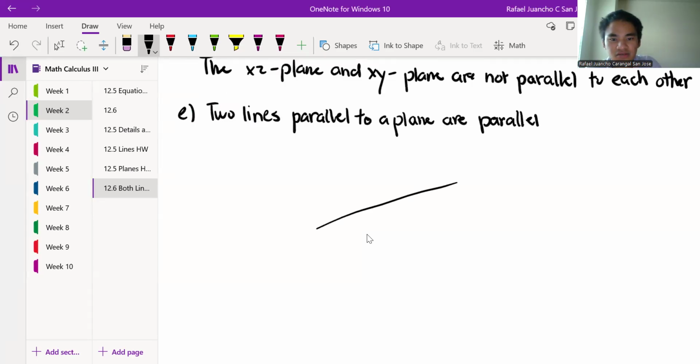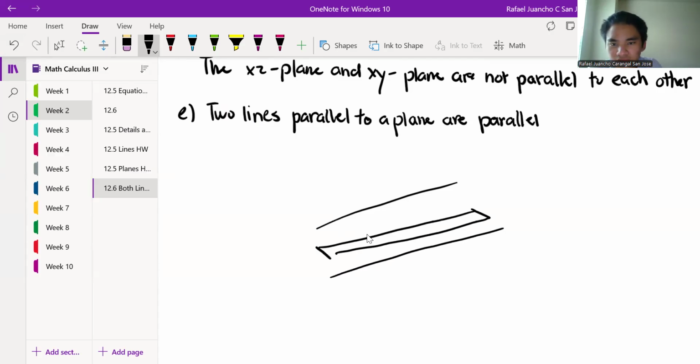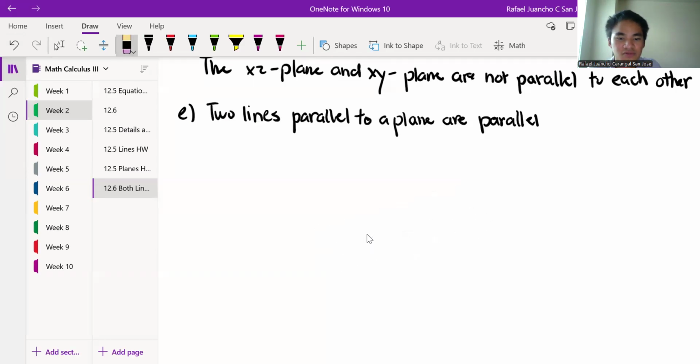Well, if we have two lines that are parallel to, say, some plane, honestly, I need to look at some visuals to see how that would look like. I think this is true though. Oh, it's false. Okay, I need to keep drawing this thing.